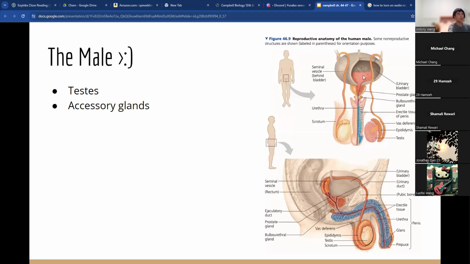And then the vas deferens connects with a bunch of different accessory glands: the prostate gland, the bulbourethral gland, the seminal vesicles, and all of these secrete different things into the ejaculate.